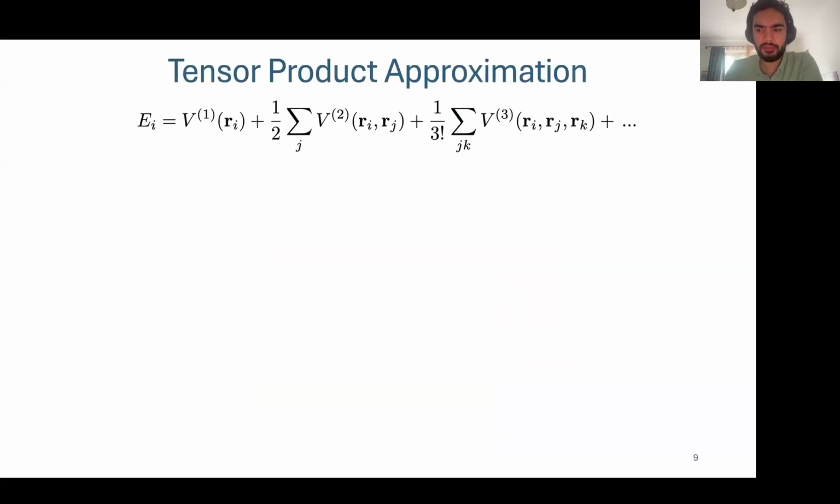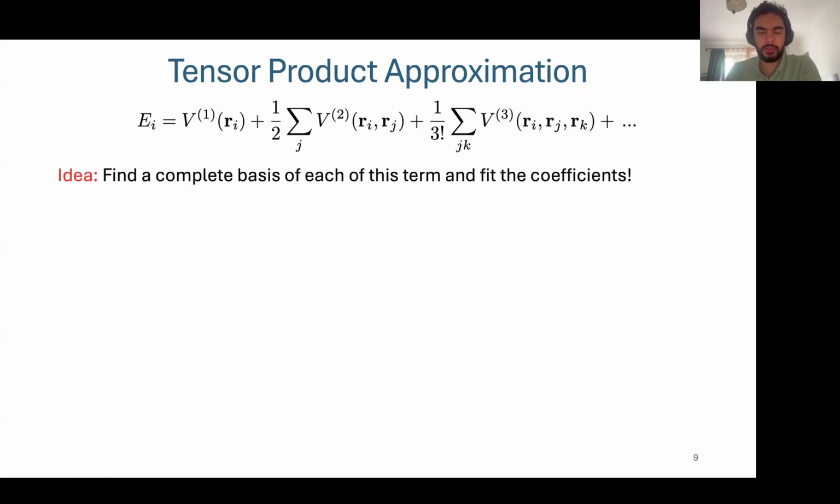And if you go about this body ordering, you might say, okay, the most naive way to build your model is to find a basis for every one of these V functions. So a basis for the two body, a basis for the three body functions, and then just learn a linear combination of it. And this is the most naive way. So how could you do that? Well, you could do the usual quantum chemistry things.